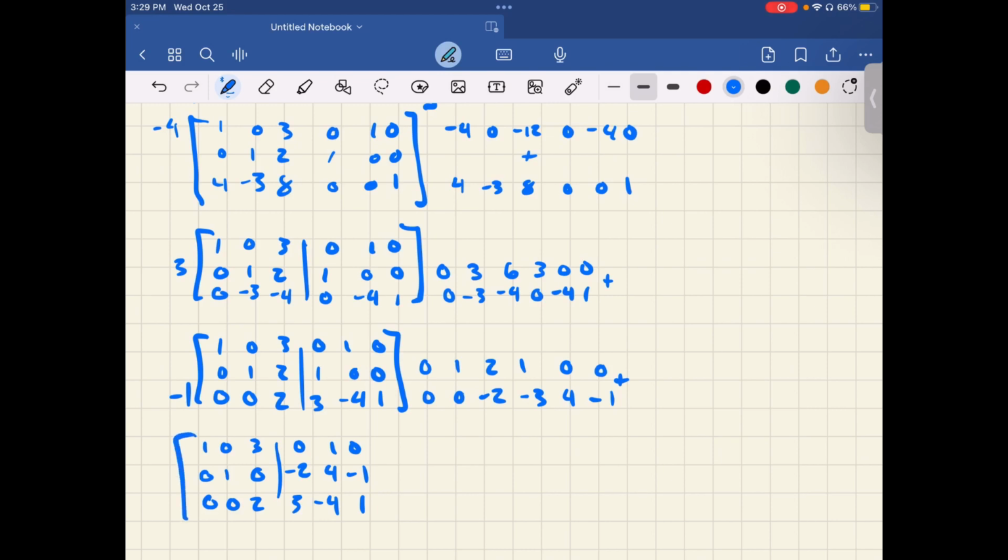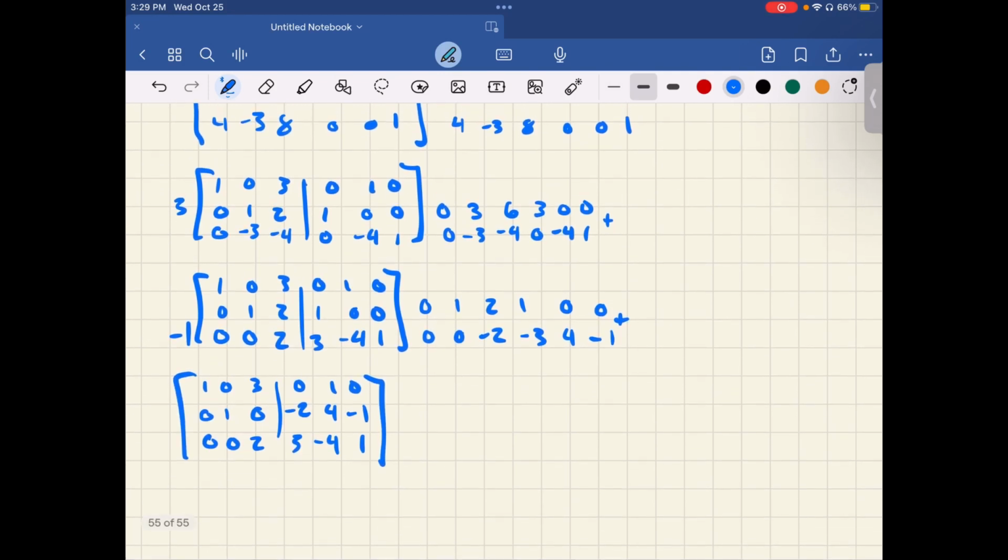Okay, so now I'm getting much, much closer here. Now I have to deal with this 3 here. I've got to turn that to a 0. So to do that, I'm going to multiply the bottom row by -3 and the top row by 2. So what you end up getting is 2, 0, 6, 0, 2, 0. Bottom row is 0, 0, -6, -9, 12, and -3.